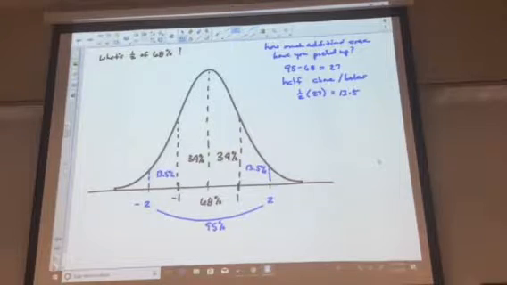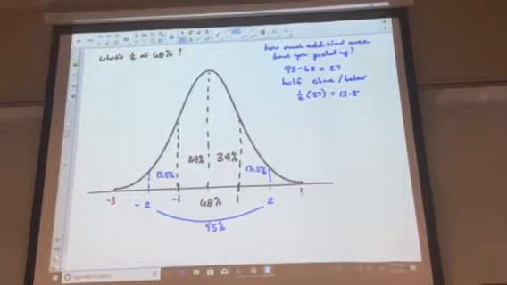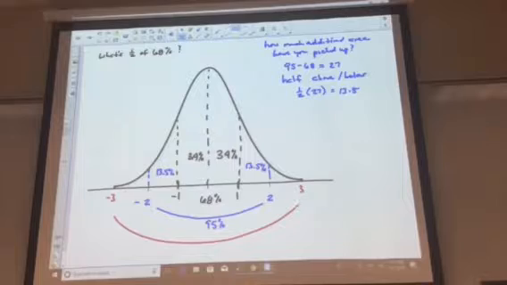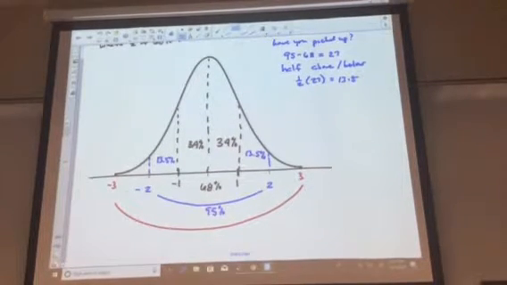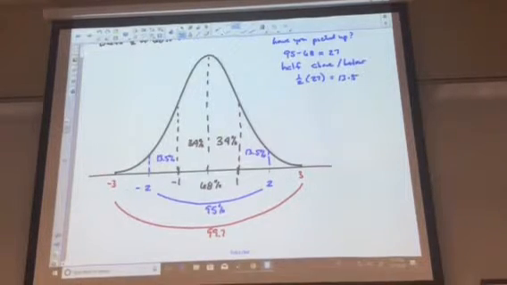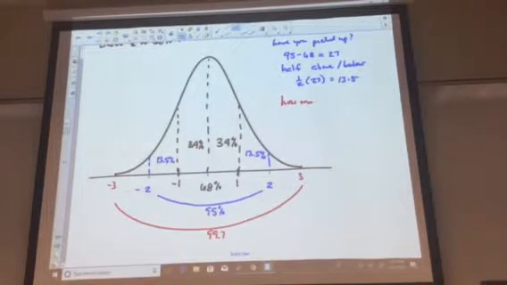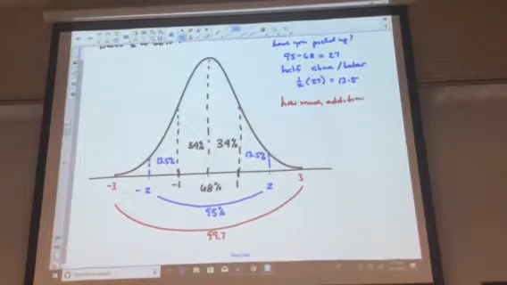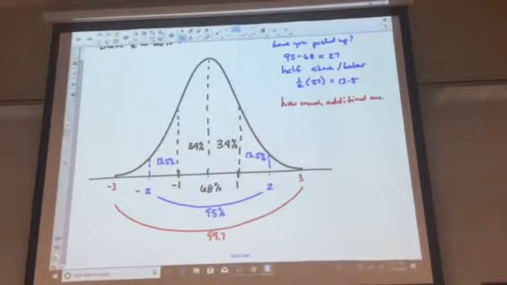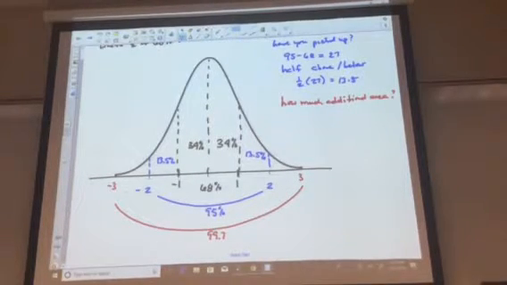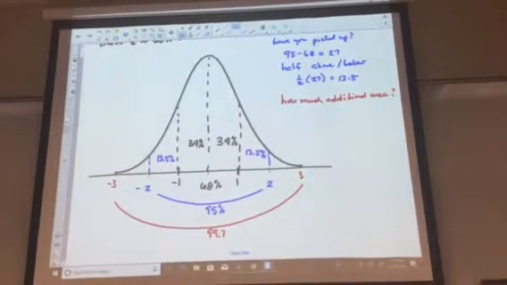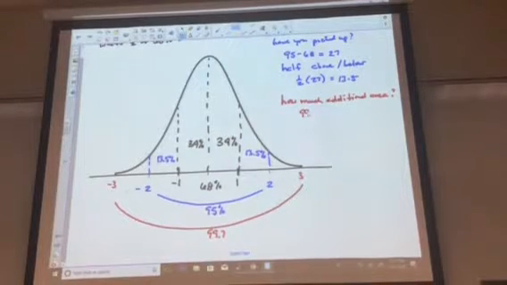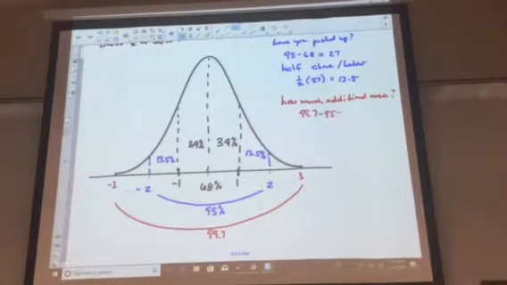And what happens between -3 and +3? 99.7. So same question. How much additional area have you picked up? 99.7 minus 95, 4.7.